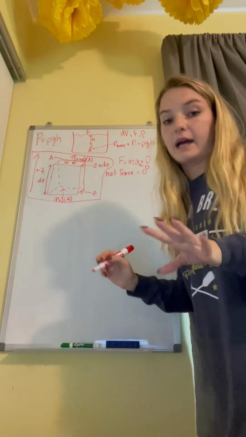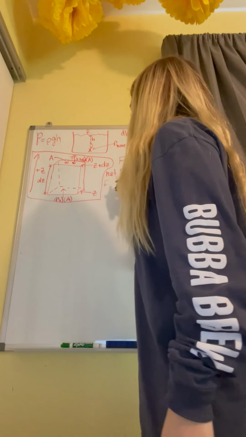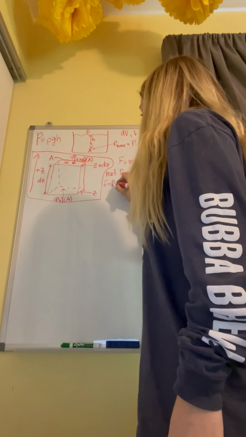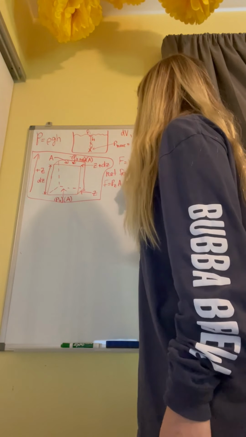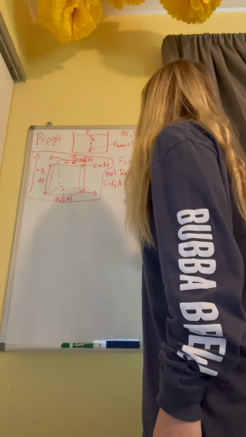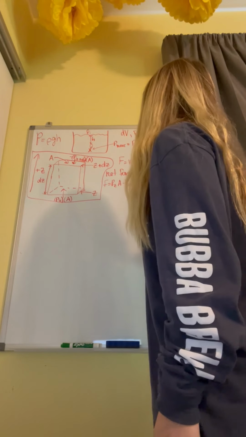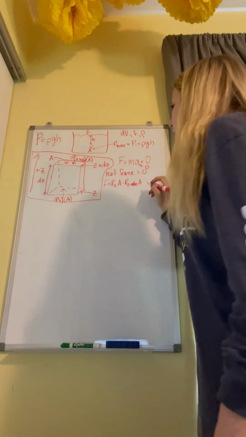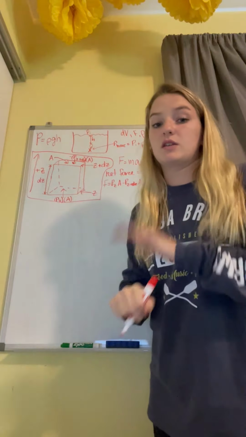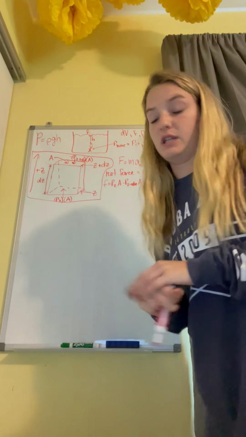So now we can add together all of our forces, and we're going to have force is equal to P(Z)A minus P(Z plus dz) times A. And another force that is going to be acting on this cube is the gravity force.